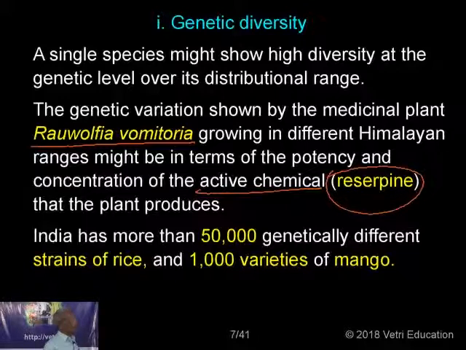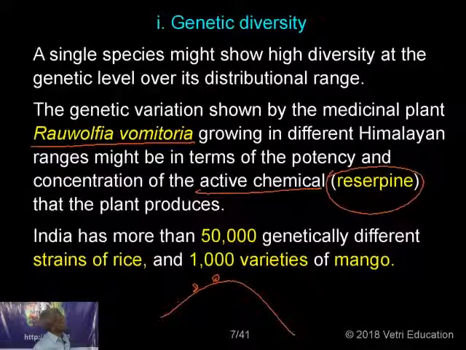So this is what is called genetic diversity. Rauwolfia growing in the Himalayas may show more reserpine, less reserpine, a different type of reserpine, or very little reserpine. The amount, quality, and therapeutic value all differ from one Rauwolfia plant to the other. So these all come under what is called genetic diversity.